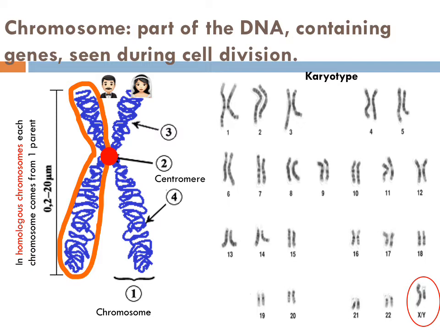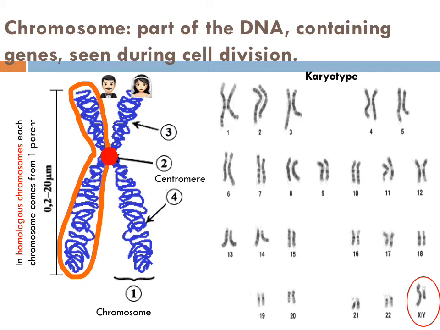So we have in a human cell 23 pairs of chromosomes. In total we have 46 chromosomes. Let's look at the circle down at the right corner. This last 23rd pair is actually a bit different.